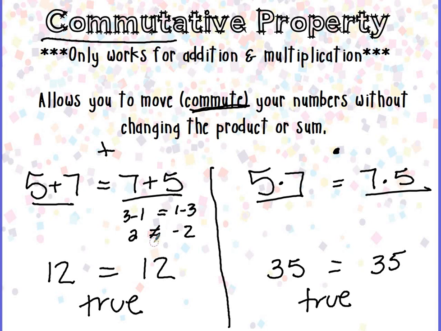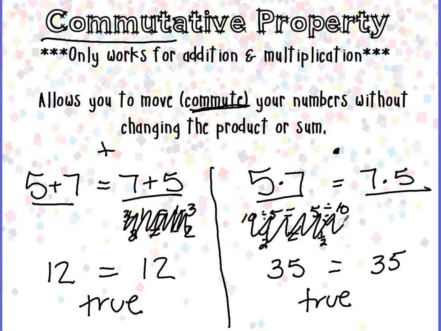And these two things are not equal, so that will not work. Okay, and the same thing here. If I did 10 divided by 5, that would give me 2, but if I did 5 divided by 10, that would give me half. Again, those two things are not equal, so it doesn't work. It only works for addition and multiplication.